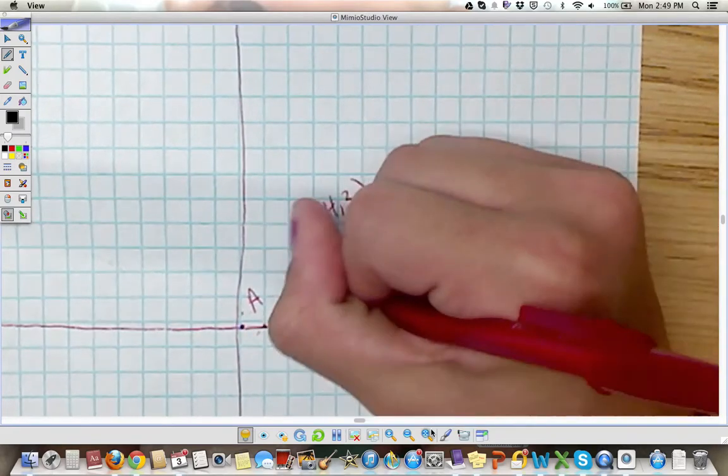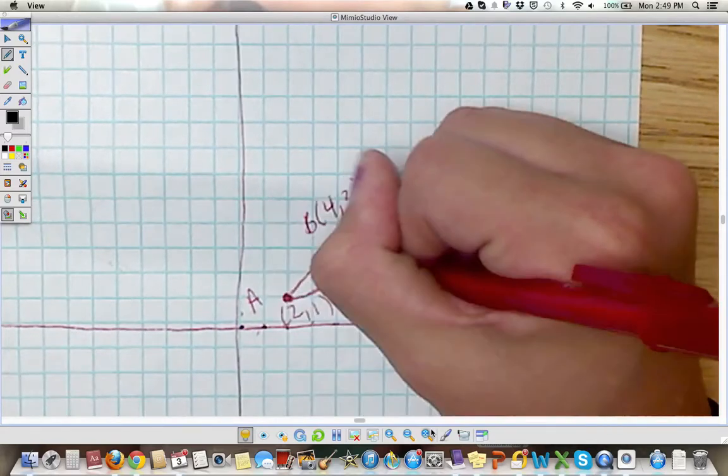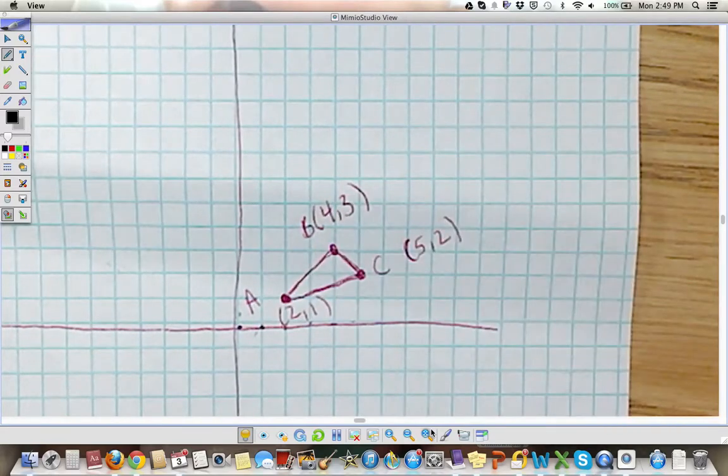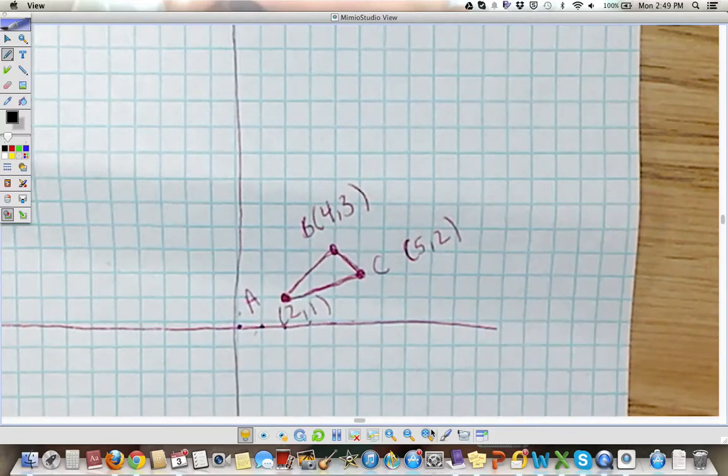And let's connect them. So here's our original figure. If you need to pause to make sure everyone has this, that's fine. Otherwise, you can keep going.